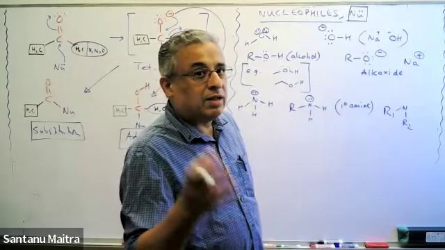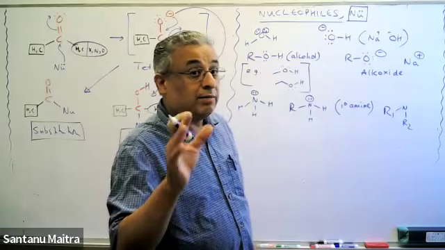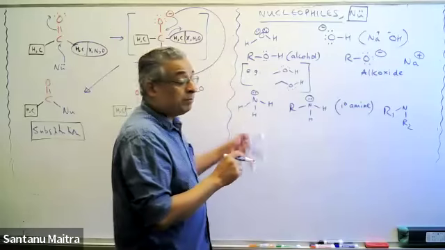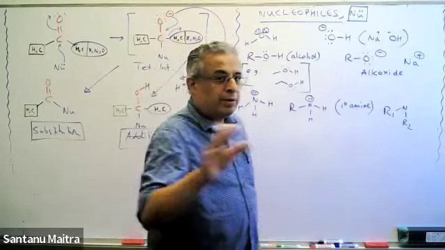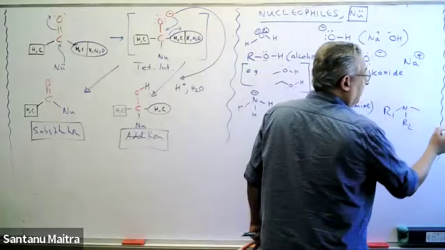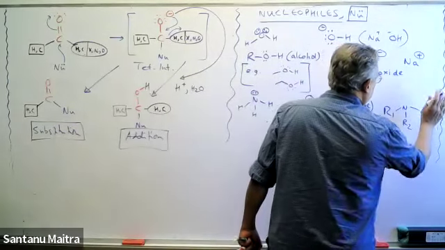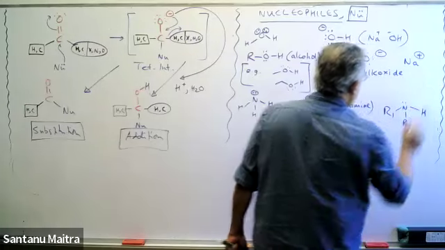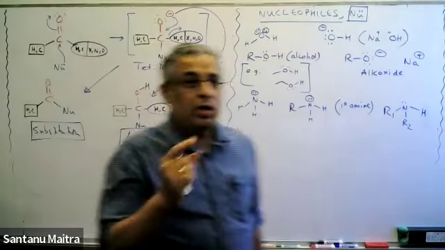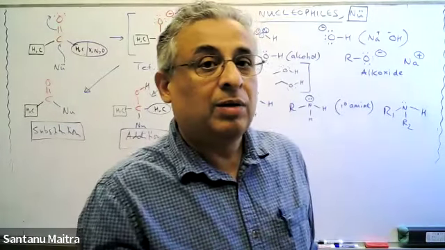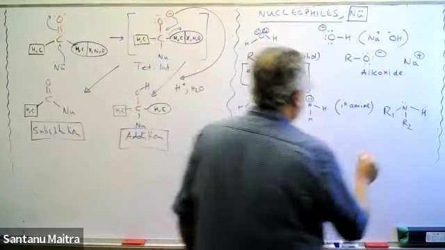Aromatic alcohols like phenol are quite different from aliphatic ones, so there is a slight difference between the two. I'm not going to get into the details right now, because then we will never finish our discussion. So when you have only one hydrogen attached to the nitrogen, that species is called a secondary amine.